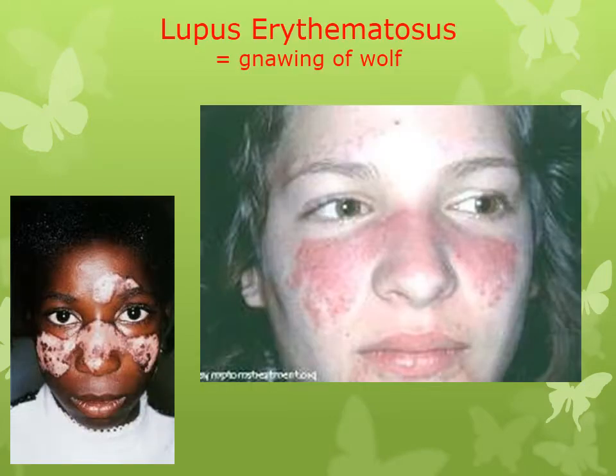Lupus erythematosus. Lupus is the Latin word for gnawing of wolf. The disease was given this name essentially by Dr. Rogerius in the 13th century. At that time, the pathogenesis of lupus erythematosus was not identified yet.